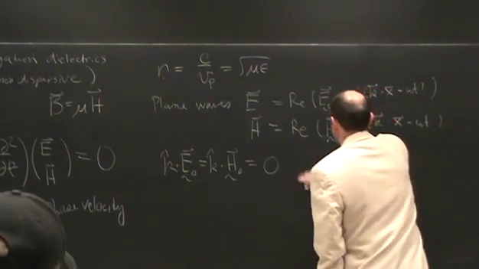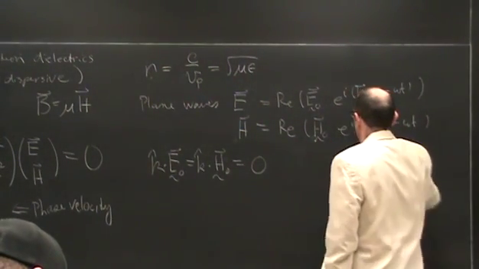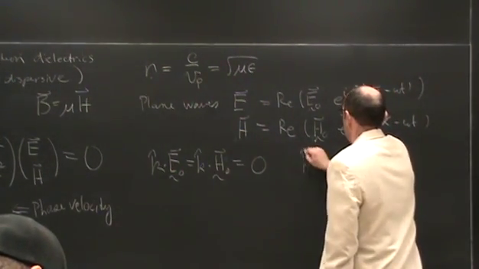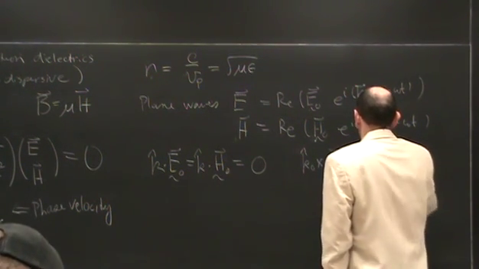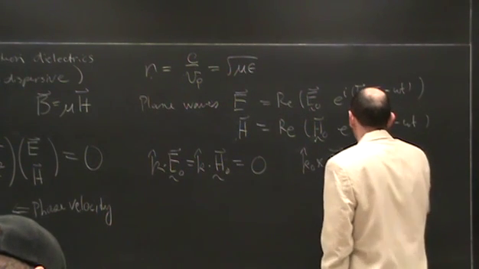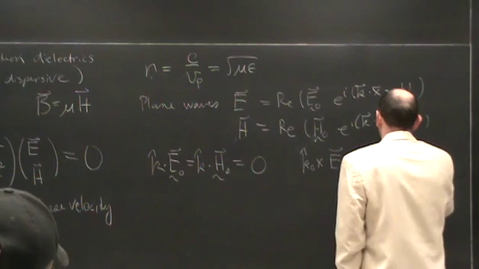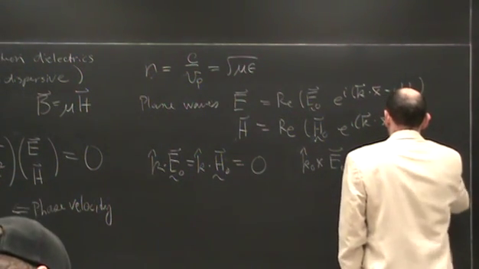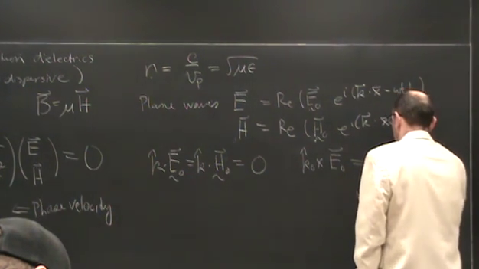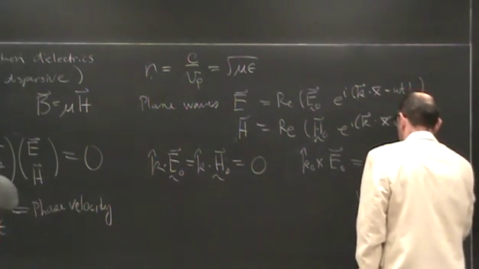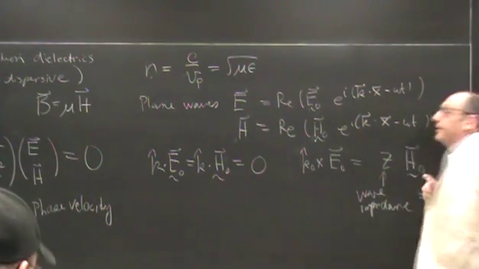We have this relationship here, but what we also found was that the magnitude of E and H are not equal, generally speaking, but related by what we call the wave impedance, which was equal to the square root of mu over epsilon.